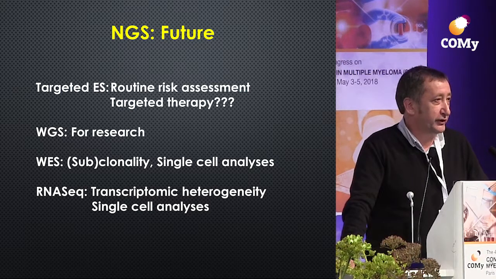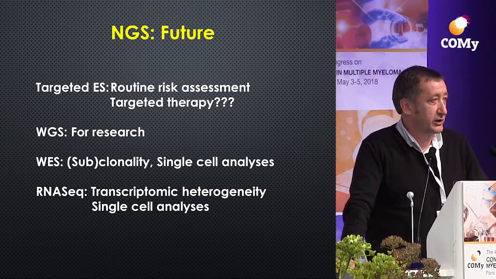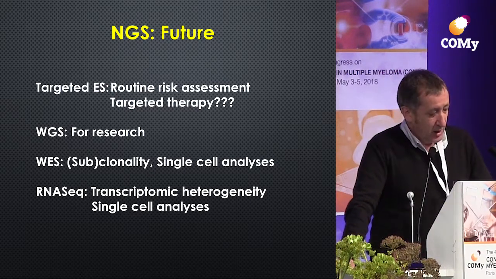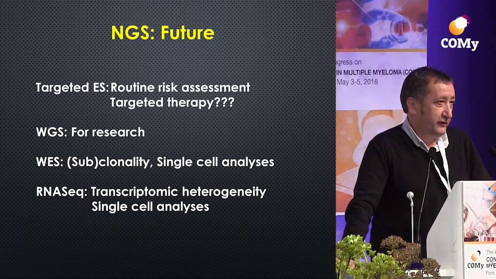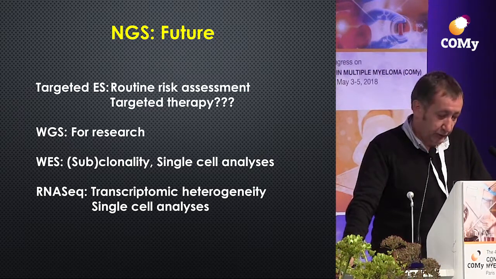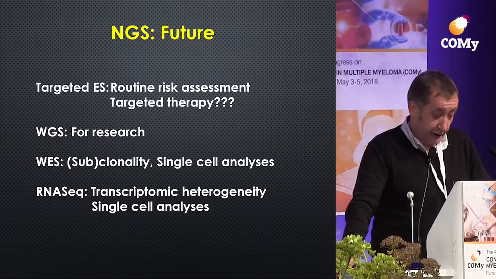Except for the mutation of BRAF, I'm not totally convinced that the KRAS and NRAS mutations are really druggable. And all the other kinds of sequencing, meaning whole genome sequencing, whole exome sequencing, RNA sequencing, I think are more for research, but we need to use them to try to understand a little bit more the genetics of myeloma. And this is my last slide.